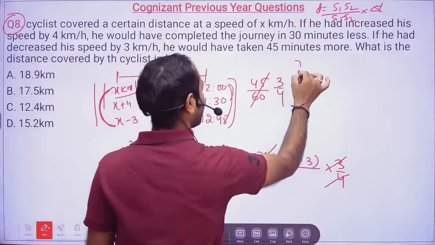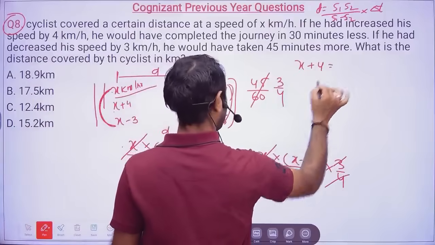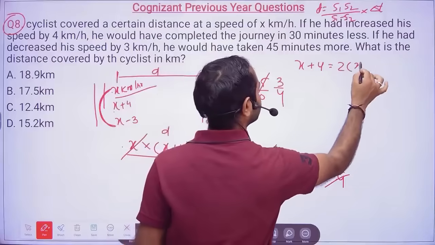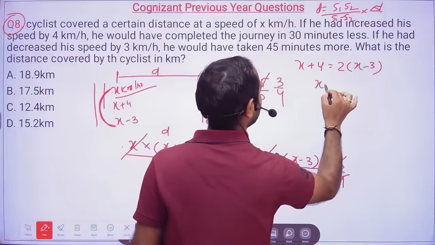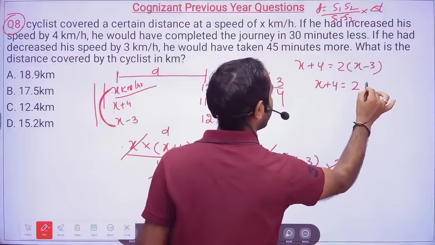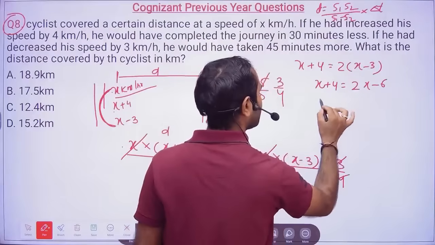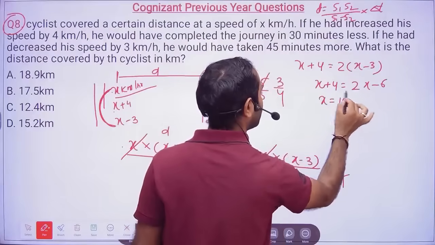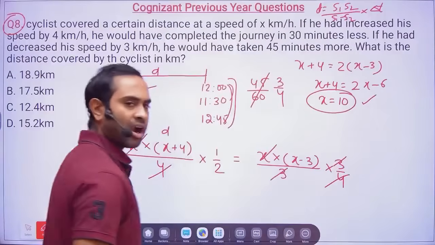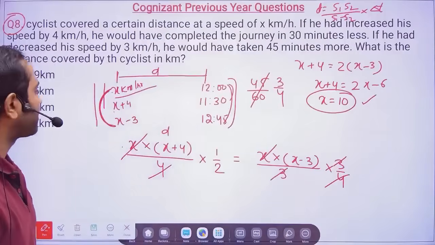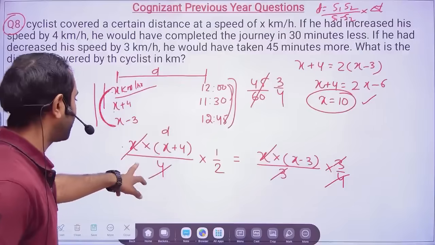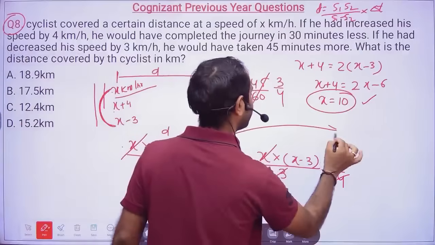So x plus 4 is equal to 2 into (x minus 3). So x plus 4 equals 2x minus 6. x goes to that side, and x is equal to 10. We got 10 km per hour as the speed. Put it in any one of the equations and we will get the distance.